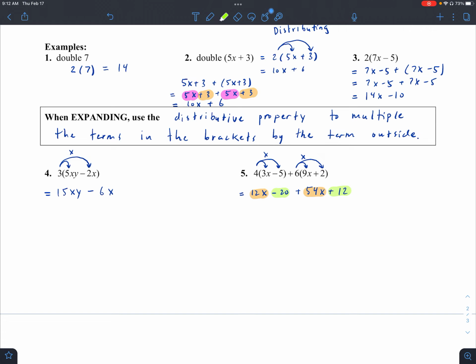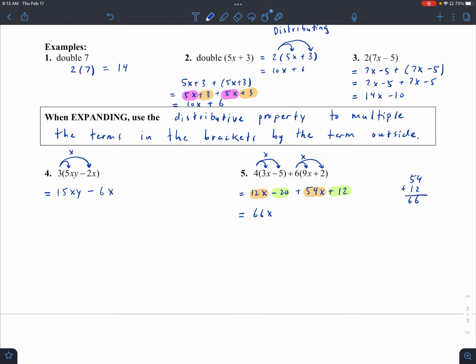And collect them now. So 12x plus 54x, okay, so 54 plus 12. It's going to be 6 and 6, so 66x.